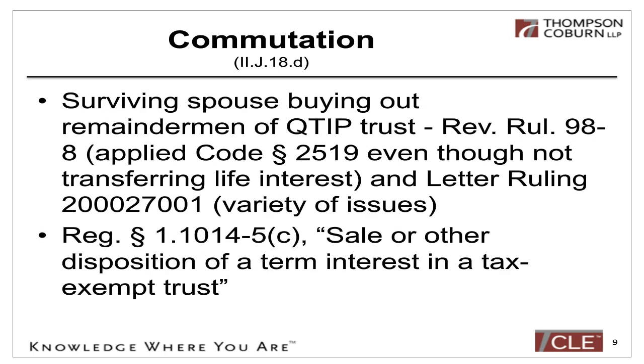So if the surviving spouse buys out the remaindermen of the Q-tip trust, so let's think about that. If the surviving spouse buys out the remaindermen, then the remaindermen get to use basis, and so they might not have any gain. Who knows? The surviving spouse winds up getting 100% of the trust minus what she pays.